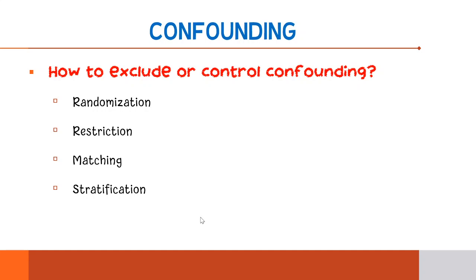If pollution or urbanization is our confounder, then in each stratum of our urbanization, the incidence of lung cancer should be higher in smokers than in non-smokers. So, that is all. Take note of this in terms of excluding or controlling confounding.